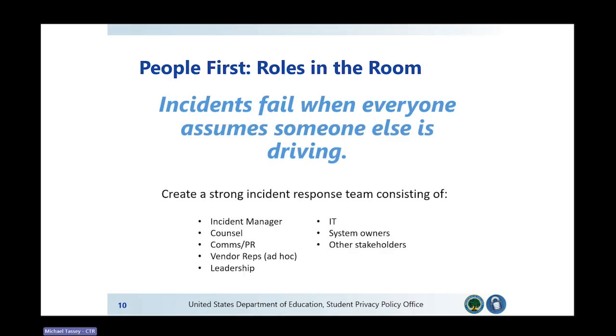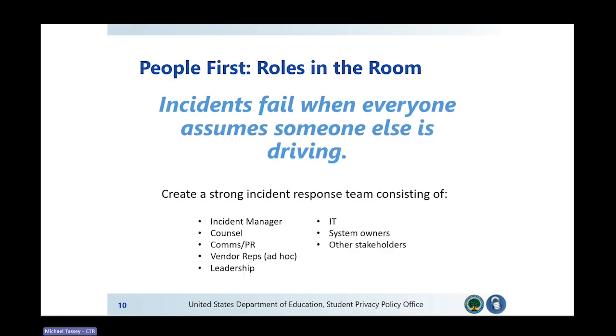So again, have a team, make sure you have that strong core, make sure you've got a good solid list of ad hoc members depending on the context of the incident. Make sure you have good comms and PR. Limit the number of people that talk to the vendors. Make sure you have that single point of communication with that vendor so that you have consistency and you don't lose any information in the process.